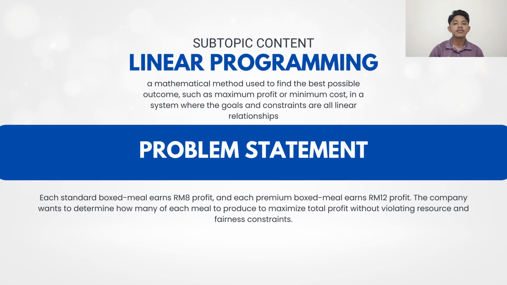So the problem that we have right now is each standard box meal earns 8 ringgit of profit, and each premium box meal earns 12 ringgit of profit. So the company wants to determine how many of each meal to produce to maximize the total profit without violating resources and also the fairness constraints.